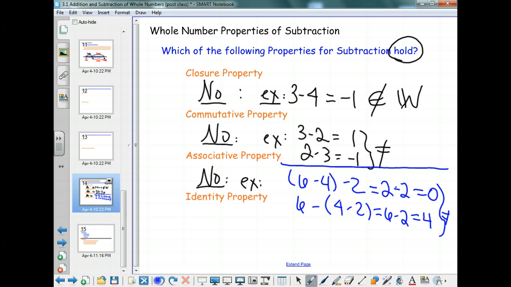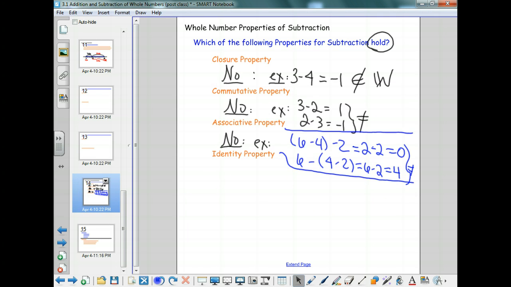Last one, identity property. Okay, so why would the identity property hold? Subtraction from 0 is the 4 minus 0, that's still 4. I agree. 4 minus 0 is 4. But you can't do 0 minus 4. That's right. What happens if I try to do 0 minus 4?